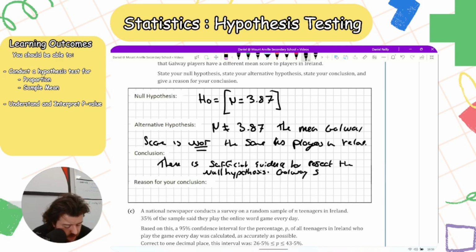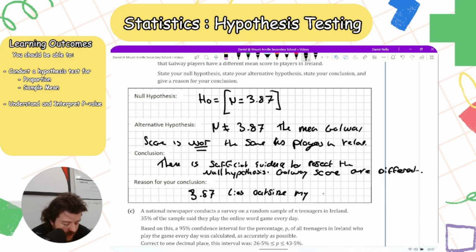Galway scores are different. The reason for your conclusion: 3.87 lies outside my confidence interval. That's it.